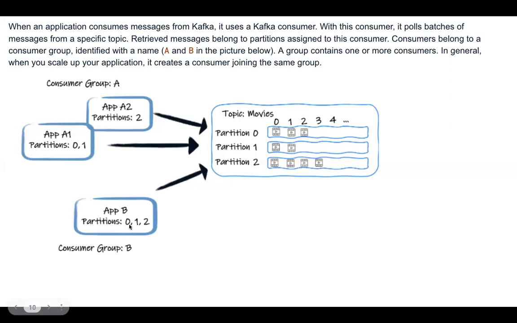In general, when you scale up your application, new consumers join existing groups, and each consumer is assigned partitions. So this one is assigned only partition 2, A2 is assigned partition 2, and this one is assigned partitions 0 and 1. Each consumer belongs to a consumer group.